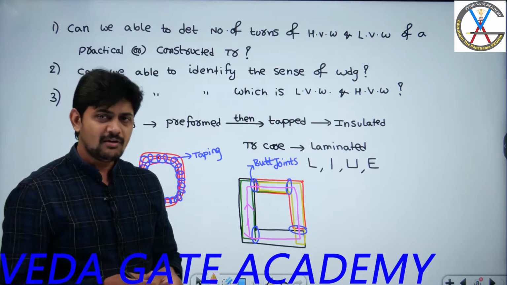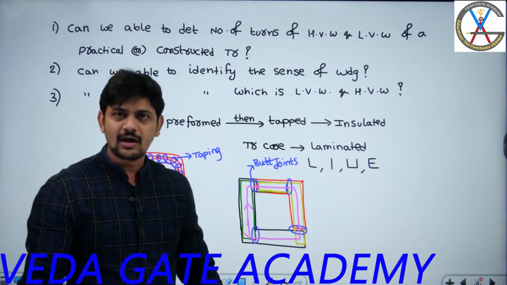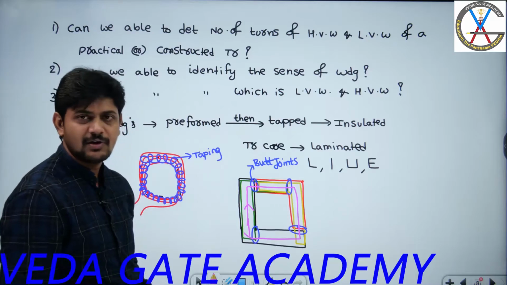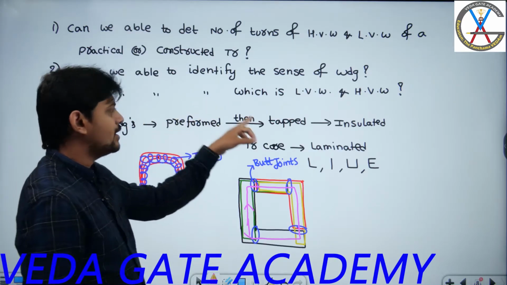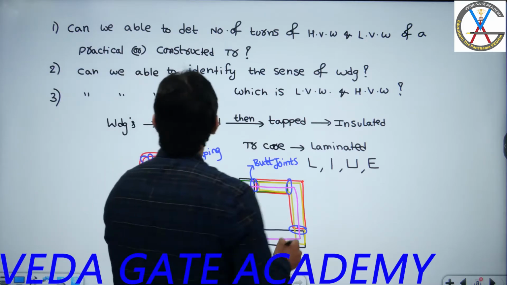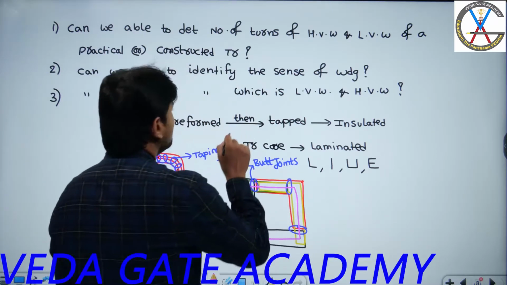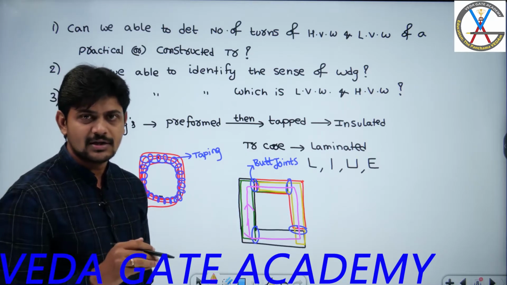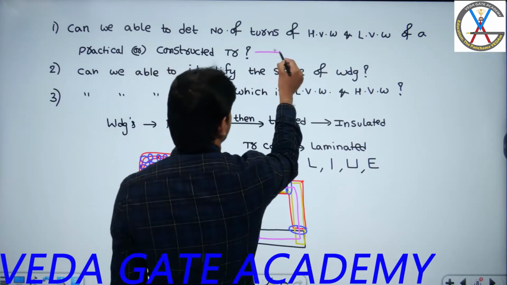So even if I remove the transformer tank, by seeing that I cannot say how many turns are wound for HV and LV, because they are preformed, taped and completely insulated. So the answer for the first question, can we determine the number of turns of the HV and LV winding of a practical transformer? No. Or a constructed transformer?